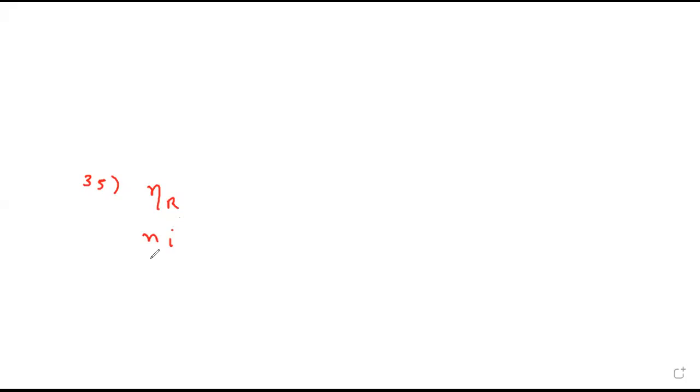Reversible means it goes and comes back, so there is some loss. So the irreversible one is always slightly less than the reversible, because while coming it loses something in the path. This is the option.